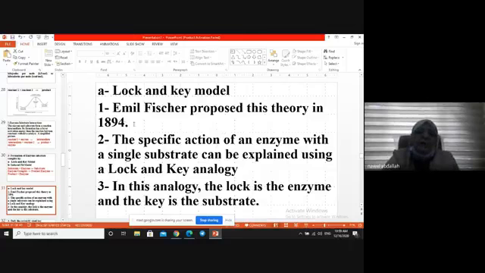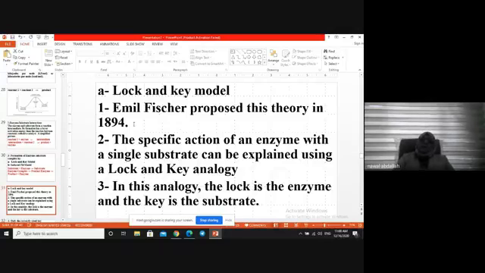The first model discovered in the mechanism of action of the enzyme is the lock and key model. The scientist Emil Fischer proposed this theory in 1894.